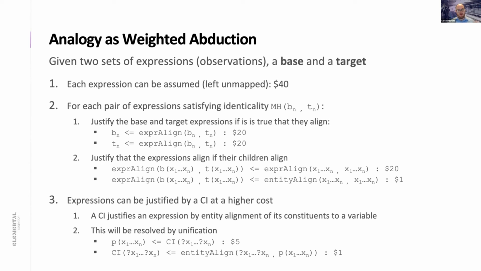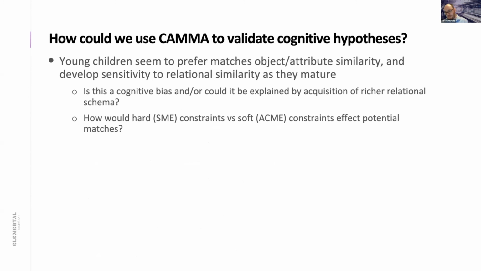So each proposition in the base and the target can be explained if you align it to another proposition. Those expressions are in turn justified by other alignments. And I introduced candidate inferences as a way of explaining alignments for propositions that don't have a match. So that's a quick overview of the approach.